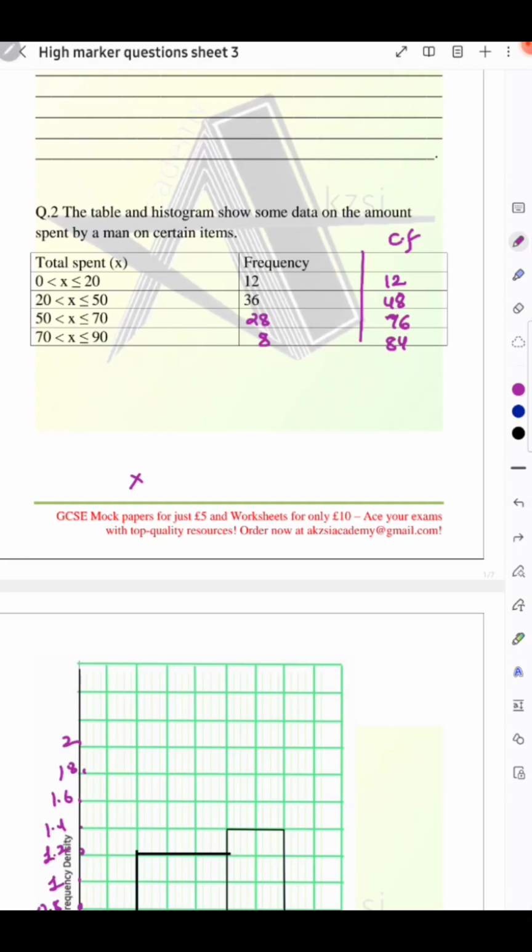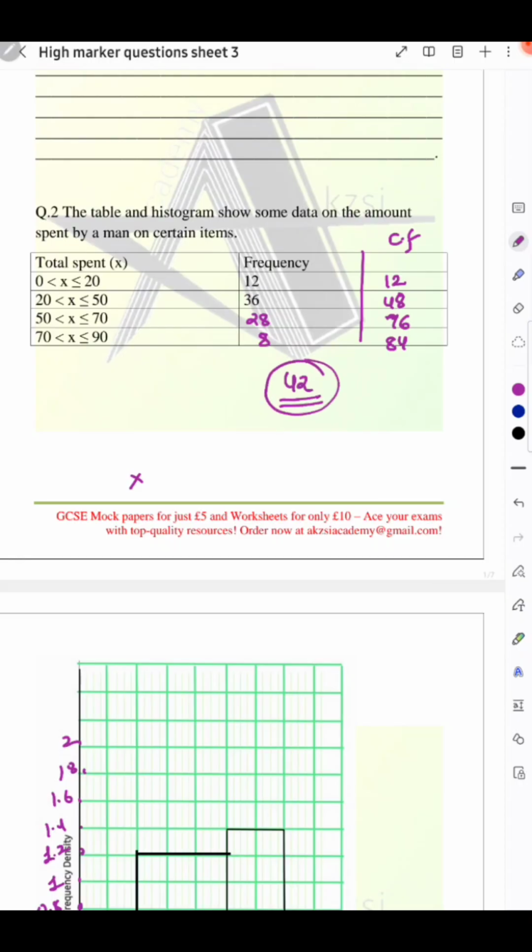We know that if it's an odd number, we do n plus 1 by 2 to calculate the median, and if it's an even number, then we just divide it by 2. So 84 is an even number, so 84 divided by 2 will give me 42.